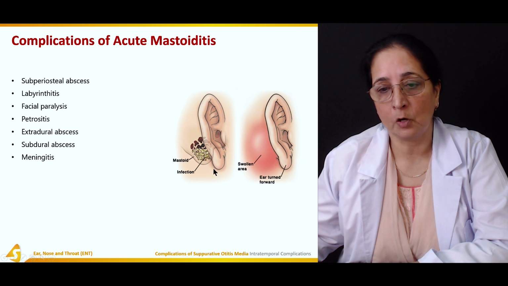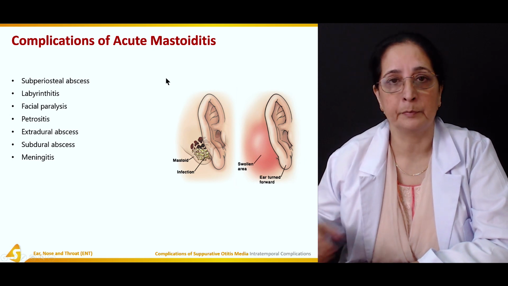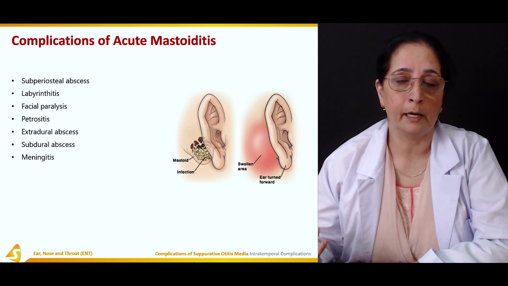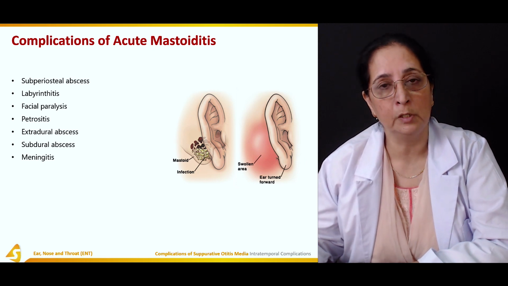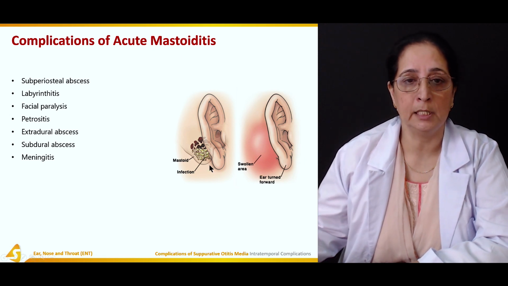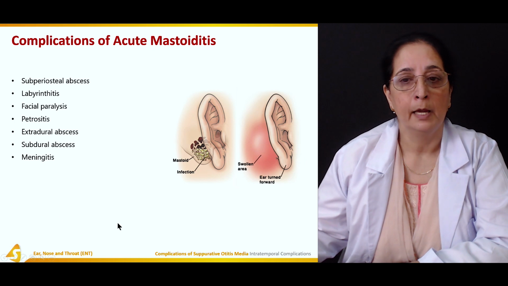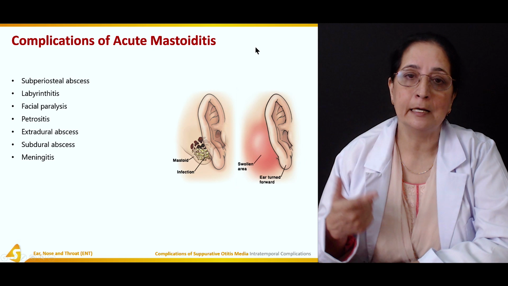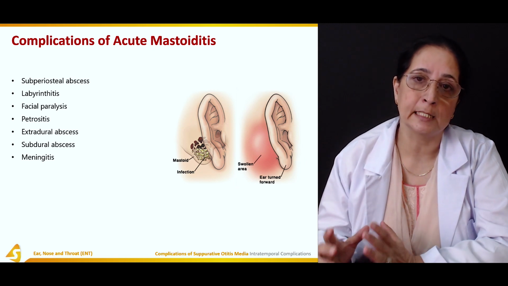This is the mastoid, this is the infection, it can spread through the blood vessels, and then through the bone erosions, it can spread to the different parts. So these are all the complications of acute involvement of the mastoid as a result of suppurative otitis media.